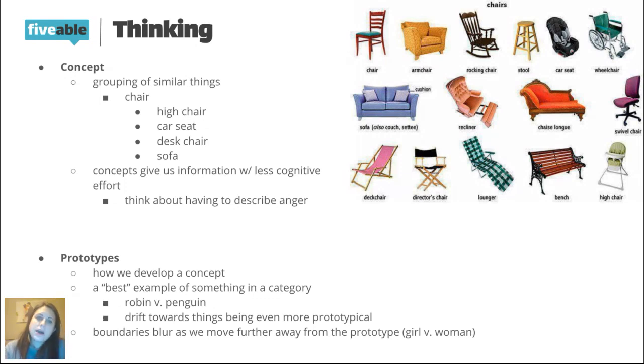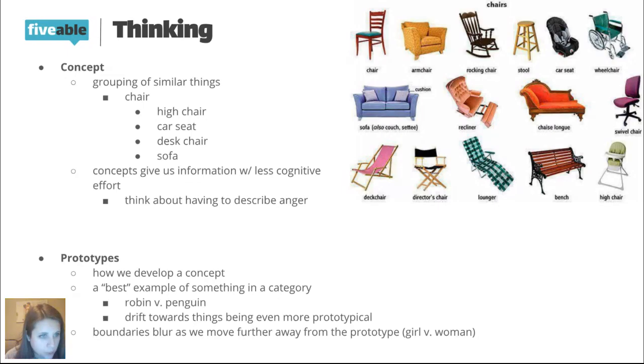If you think about your prototypes for different things, it tends to be something that's similar to most things in the group. For example, if I told you to think of a bird right now, think of your prototype of what a bird looks like. It's probably closer to a robin or a sparrow than it is to a penguin, right?